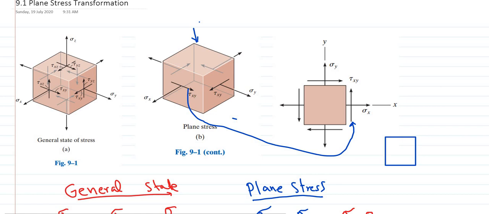If you know this basic one, tau xy, you can establish the magnitude and direction of the others using the equilibrium and complementary shear stress component. This must be directed in the opposite direction for equilibrium.